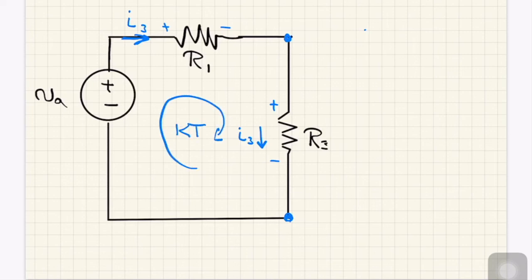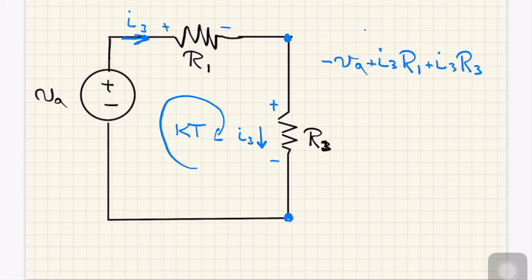So we have just a single Kirchhoff's law equation to write down here, and we can write it going clockwise from the lower left corner again. We can say minus VA, because we're counting that negative sign first, plus I3 times R1, and then we go down here and we see plus I3 times R3.